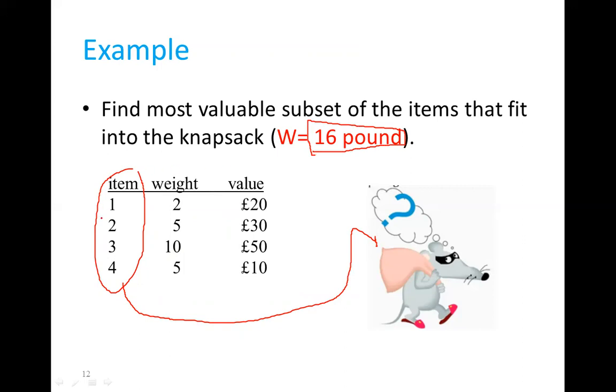For item 1, the weight is equal to 2, and the value of this item is 20. For item number 4, for example, the weight is 5 pounds and the value is 10. So how can we put these items in the thief's bag for maximum profit?